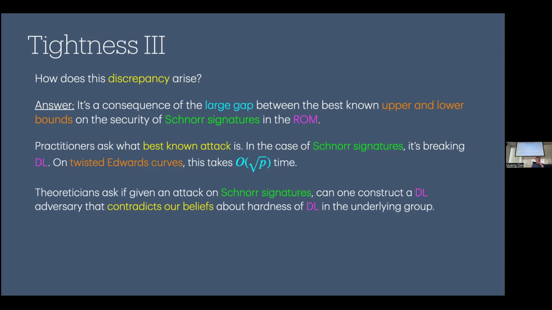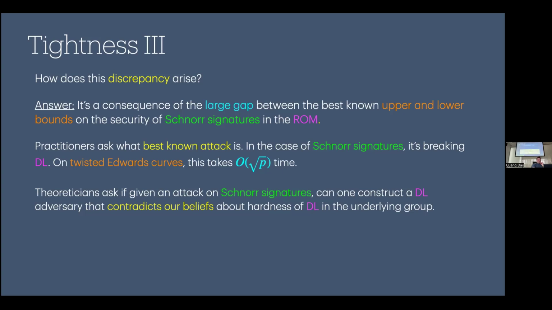They say, if I'm given an attack on Schnorr signatures, can one construct a discrete log adversary on the underlying group that contradicts our beliefs about its hardness? So like in a 256-bit group, if I have an attack on Schnorr, does that contradict my belief that discrete log is hard on a 256-bit curve, right?